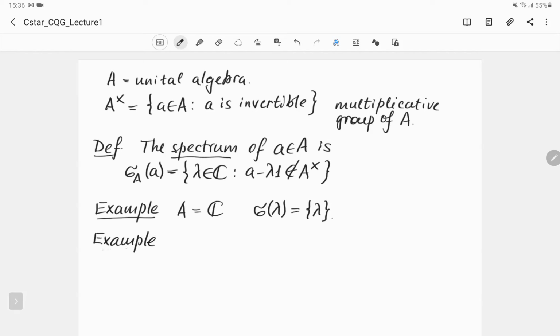Another example, which comes from finite dimensional linear algebra: if A is the algebra of linear operators on a finite dimensional vector space, let's denote this algebra simply by L of E, where E is a finite dimensional vector space.